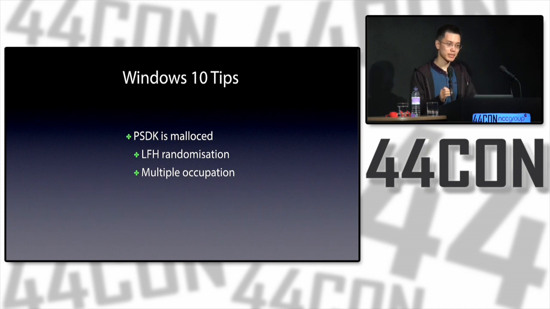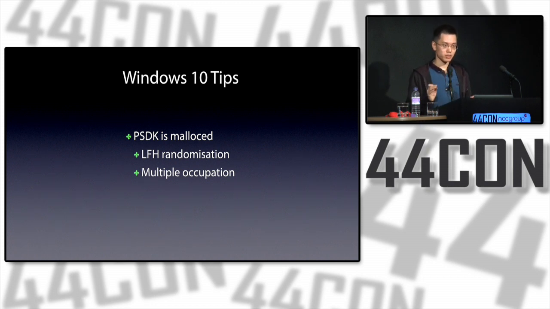But this randomization is still limited. After maybe 2 or 3 cycles of free list allocation, the low fragmentation heap will finally remember, well, I still have a memory block in the first free list, so why not use it? Then it will allocate the last memory block inside the first free list to be the next one to give you. And that is the moment we can occupy the memory of our freed object.